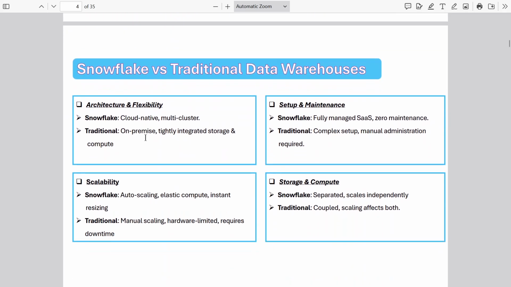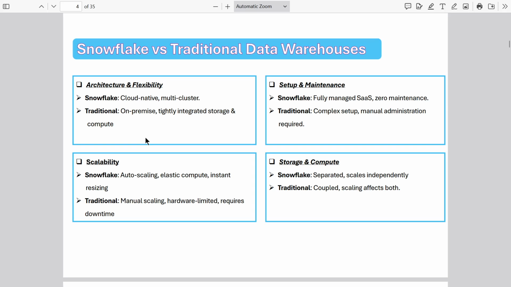So the differences between Snowflake and traditional data warehouses are majorly categorized into four parts. One is architecture and flexibility. You can see Snowflake is cloud native. Cloud native means everything will happen on the cloud, and cloud means on the server with the help of the internet, meaning the URL or link we have to access, and we can perform all the things on that particular URL only.